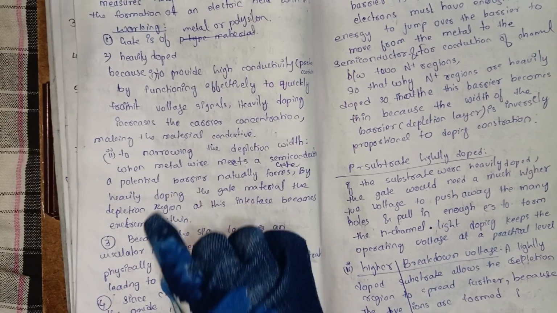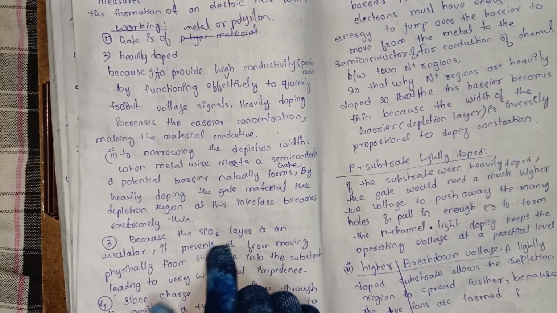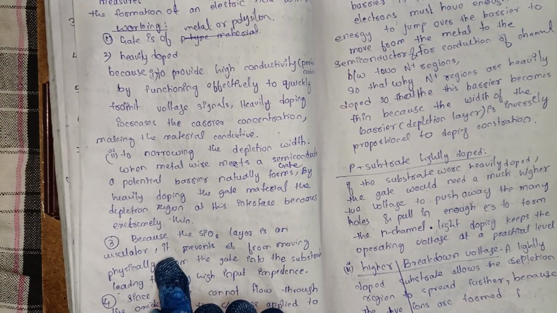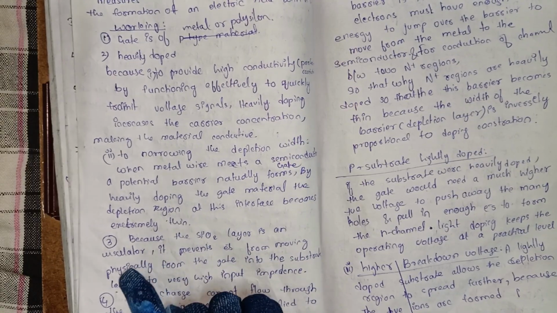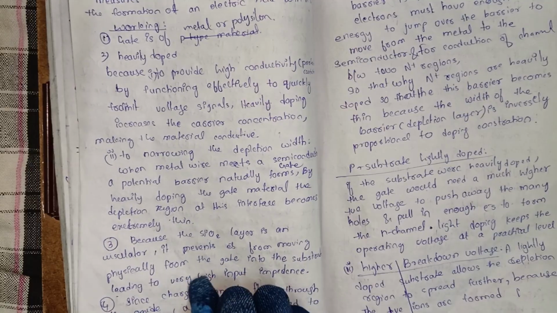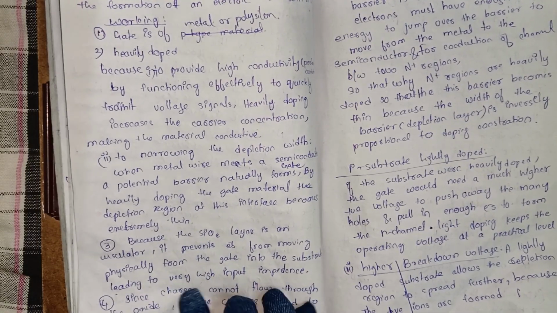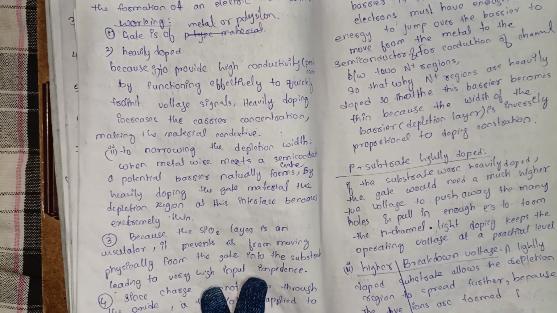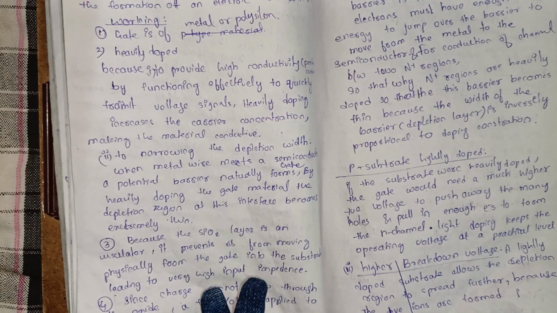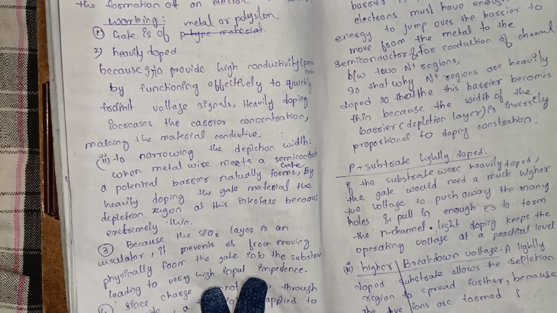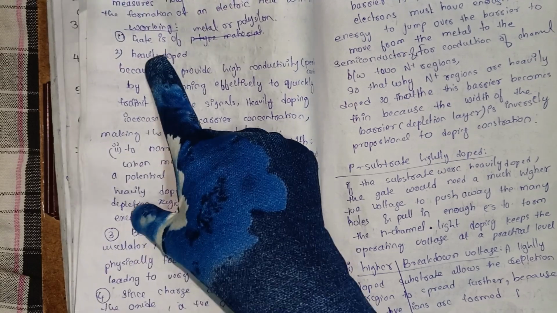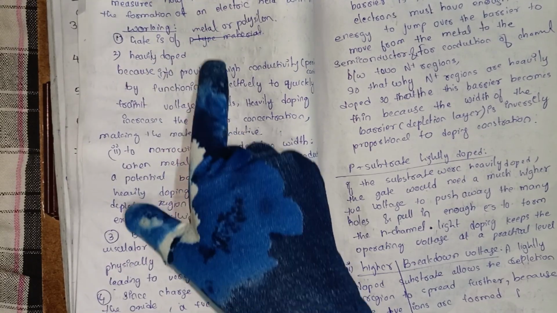The silicon dioxide layer is an insulator. It prevents electrons from moving physically from the gate into the substrate, leading to very high input impedance. So this is not because of heavy doping.